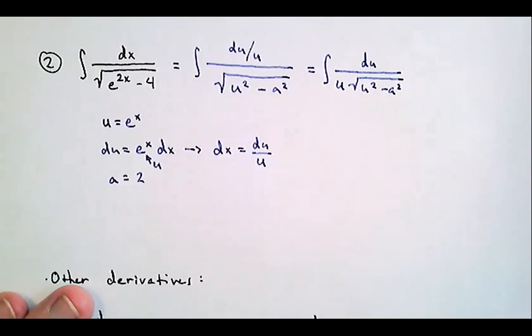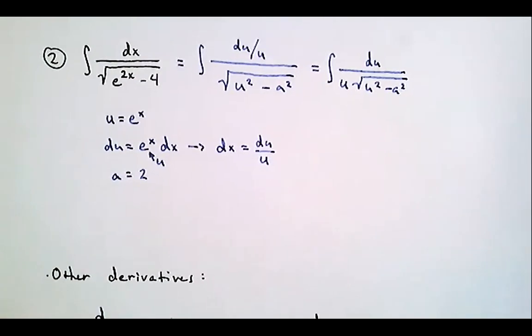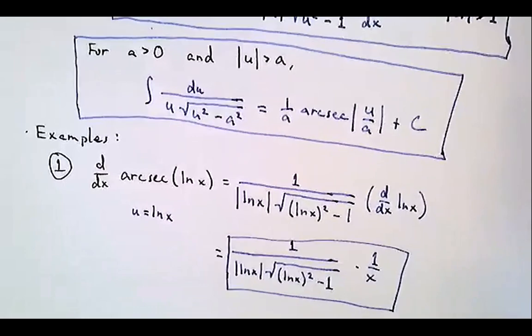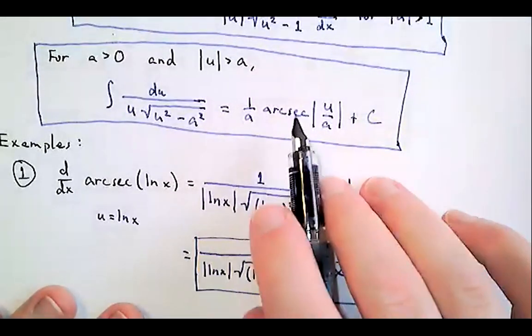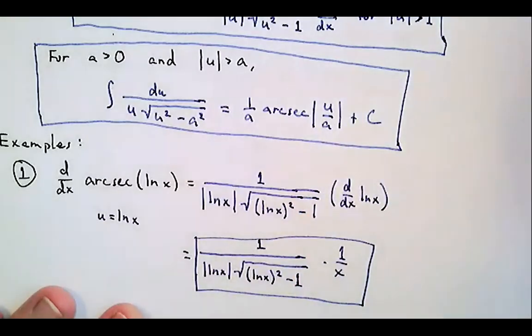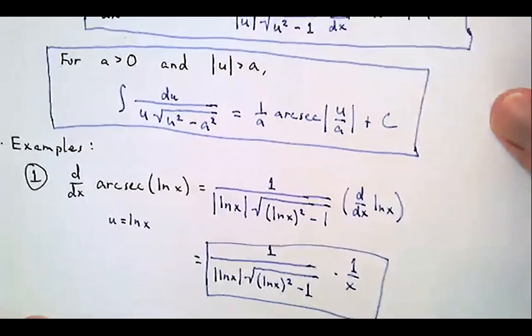And once we do that, we do have something that looks exactly like our new integral rule here. So we just have to apply 1 over a arcsecant of the absolute value of u over a.